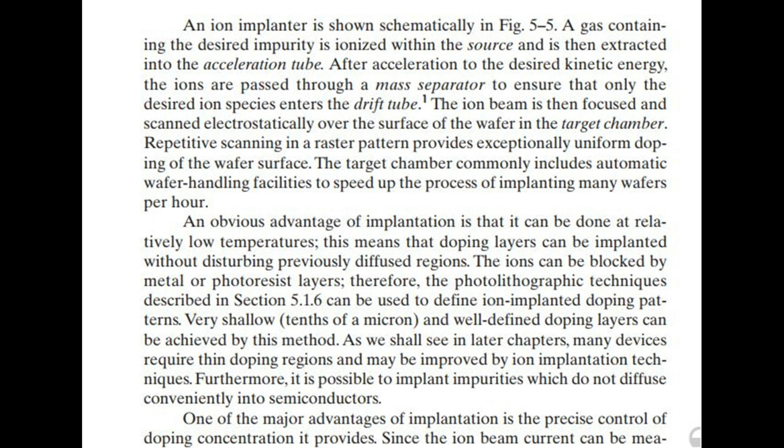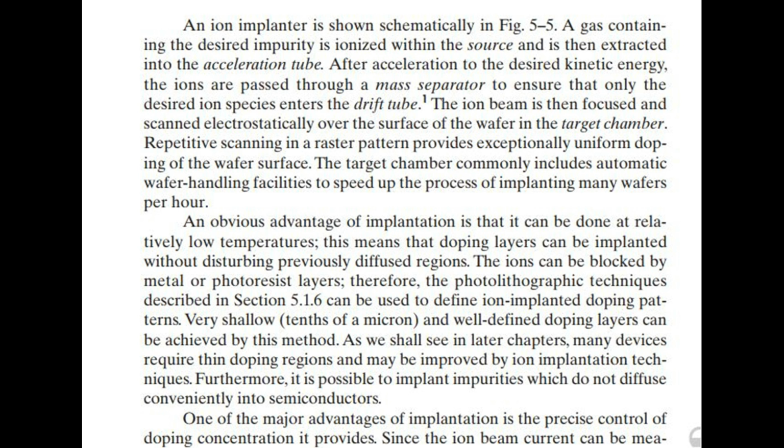An obvious advantage of implantation is that it can be done at relatively low temperatures. This means that doping layers can be implanted without disturbing previously diffused regions. The ions can be blocked by metal or photoresist layers. Therefore, the photolithographic techniques described in section 5.1.6 can be used to define ion-implanted doping patterns.